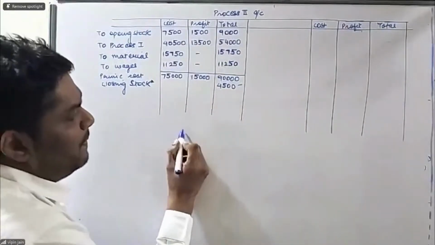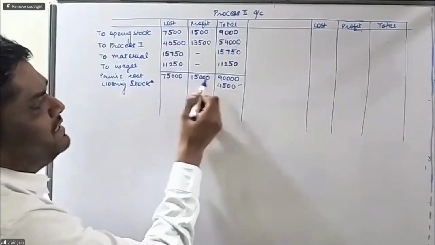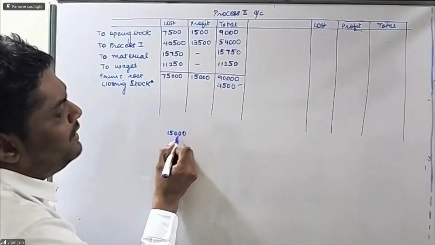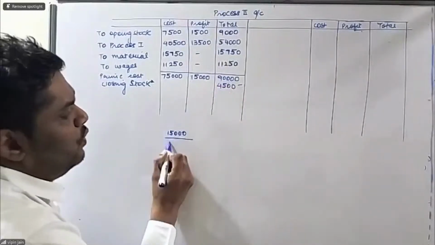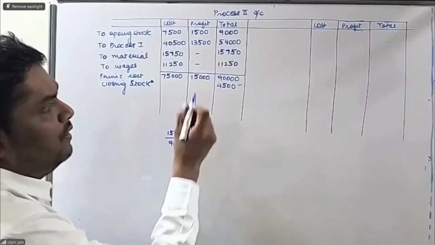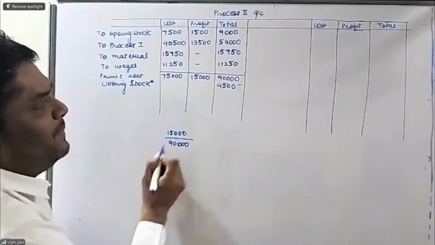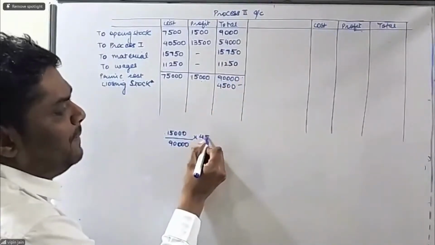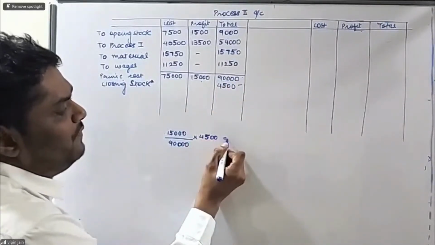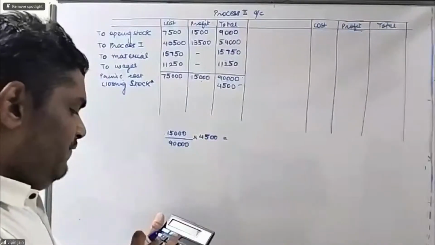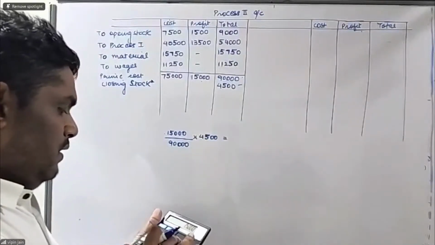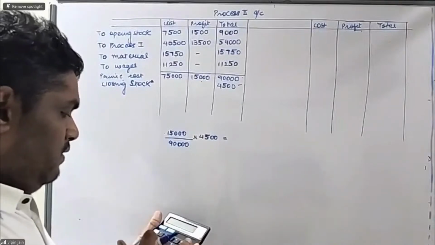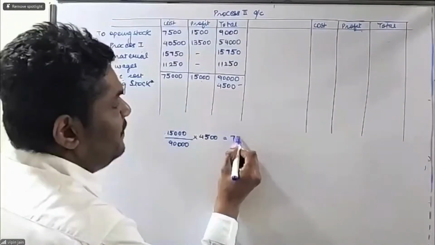So as it is said that it is valued at prime cost, 15,000 is the profit involved in this total 90,000. So how much will be the proportionate profit for 4,500? Very simple guys, 15,000 divided by 90,000 into 4,500. So this will be 750.